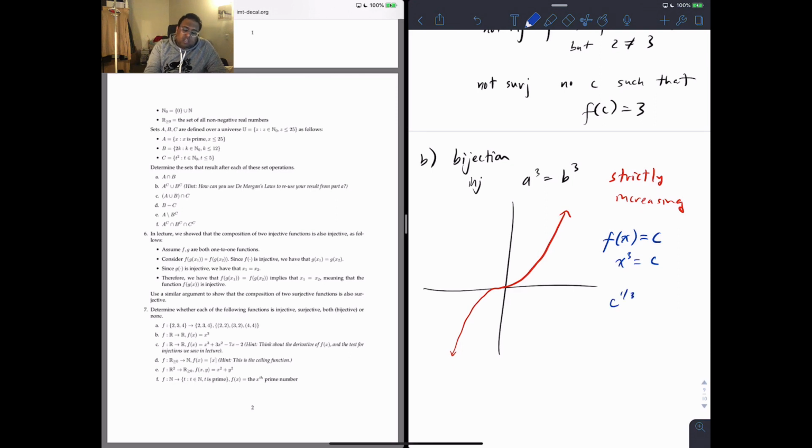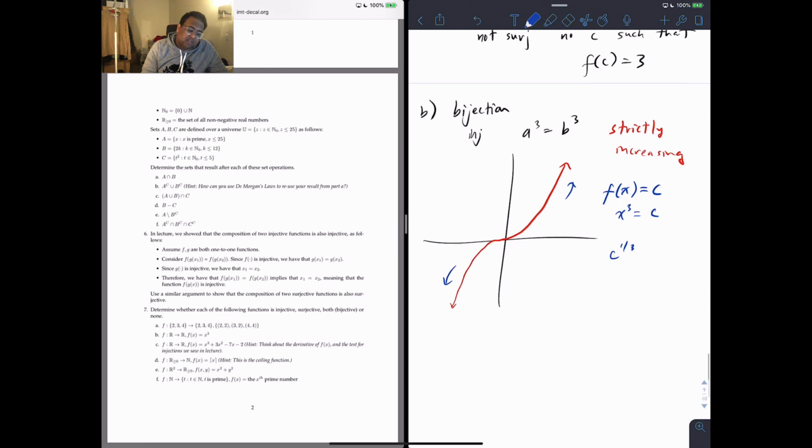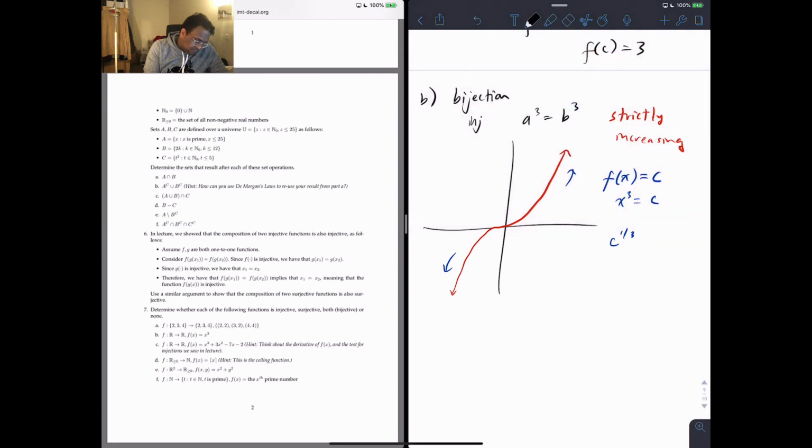Suppose I want my output to be 10 million, I just pass in the cube root of 10 million, and I'll get 10 million as the output. And that works for both positive and negative numbers. You notice just by looking at the graph, our function extends infinitely, both in the positive and negative direction, so it'll eventually hit any real number value that I specify that I want as my output. Okay, so this is definitely a bijection.